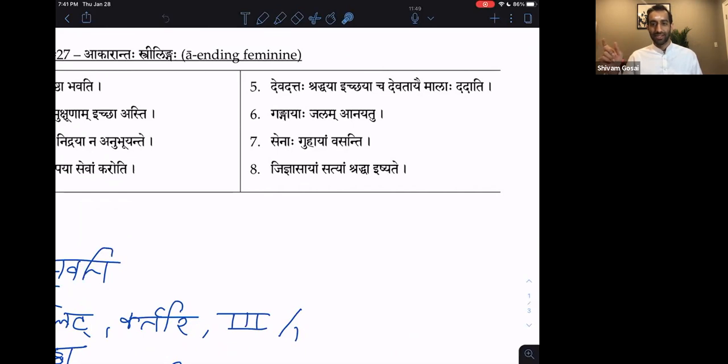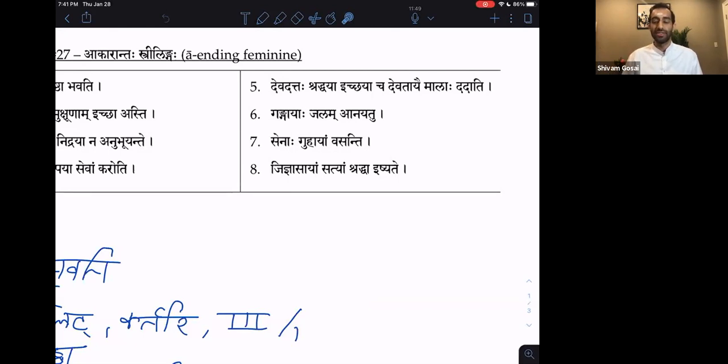So something does, we got to look for our first case. Our first case here is Devadattaha, right? Malaha is not a first case, even though it looks like Ramaha. So you have to know which gender it is, right? Because Malaha could look like Ramaha. But then it wouldn't match up with the verb anyways, right?